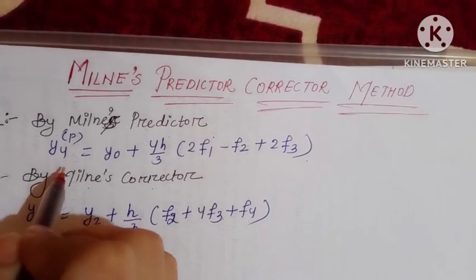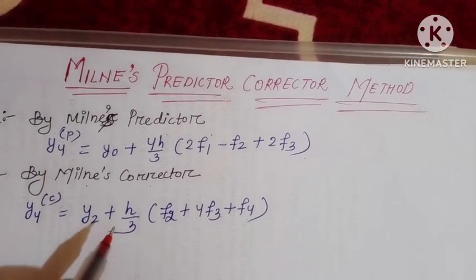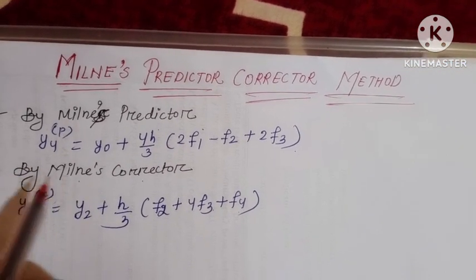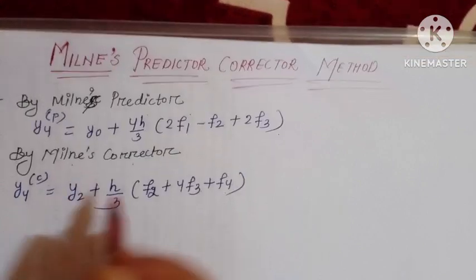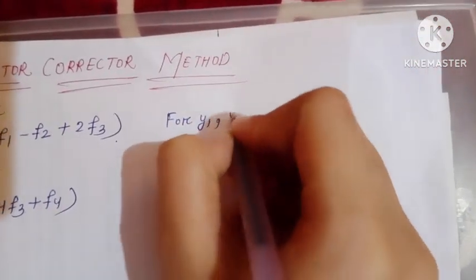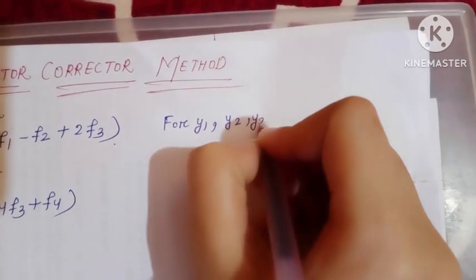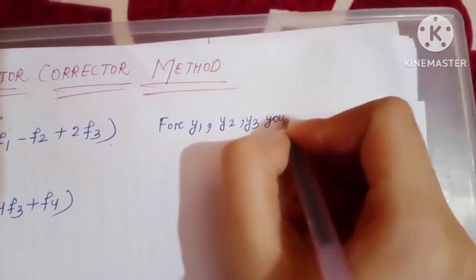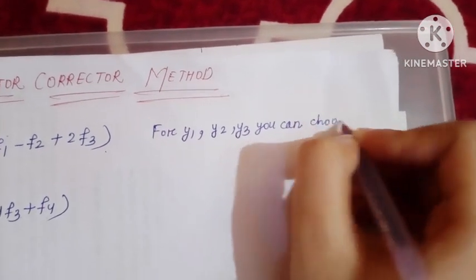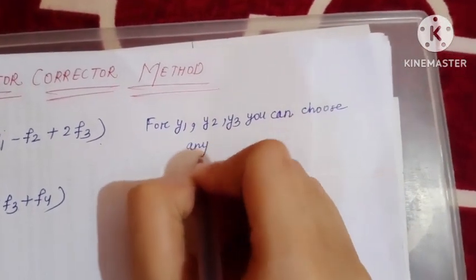But what about Y1, Y2 and Y3? To find Y1, Y2, Y3, you can choose any one of the following methods.